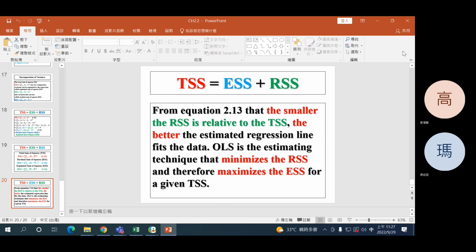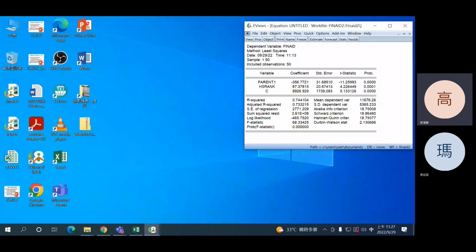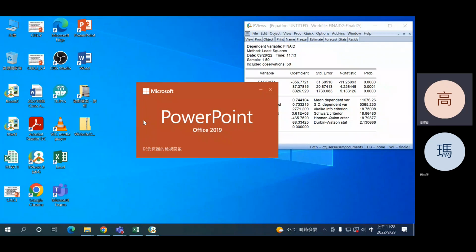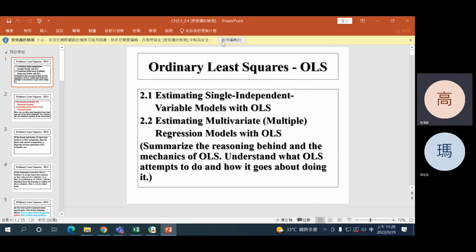Then this is about the second session. Let's go on to the third session.